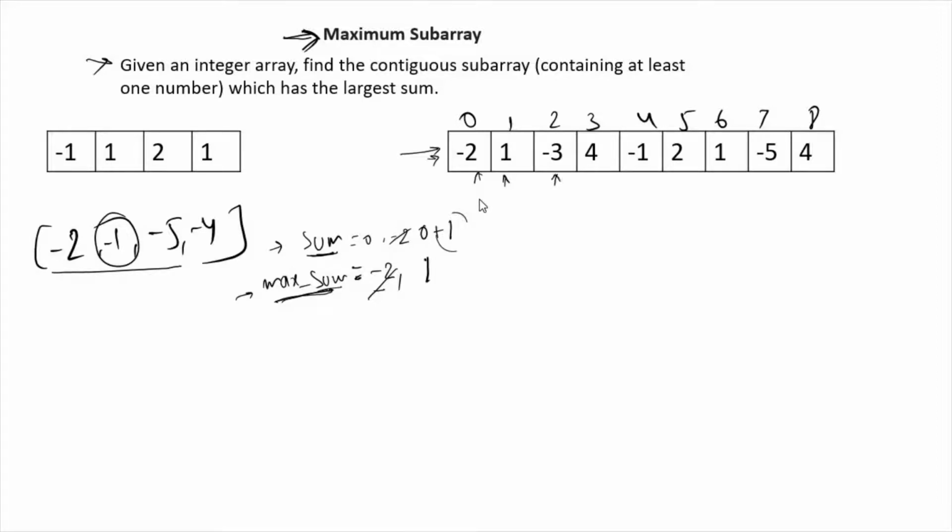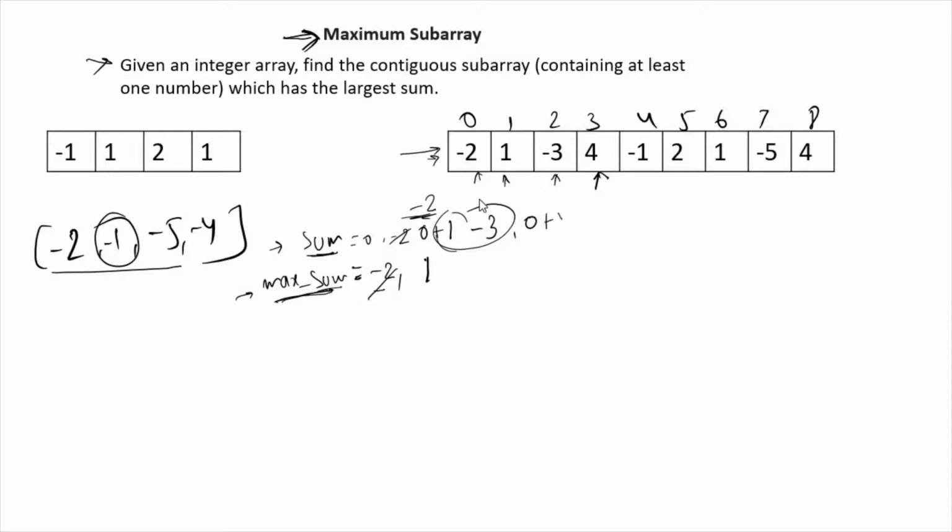Now let's move to the next element, -3. We'll add -3, so it will become -2, but -2 is not greater than 1, so we'll not change our answer. And as -2 is less than 0, we'll replace sum with 0. So now sum is 0. Now the next element is 4.